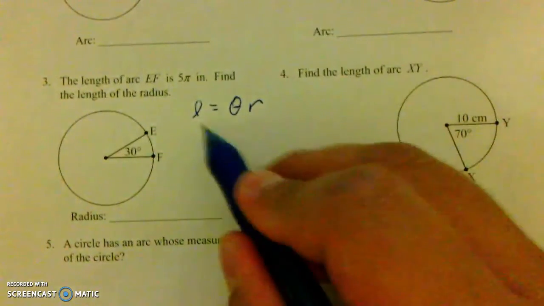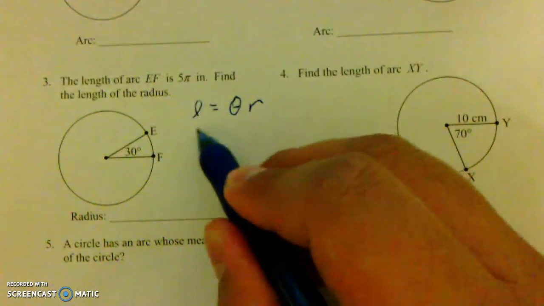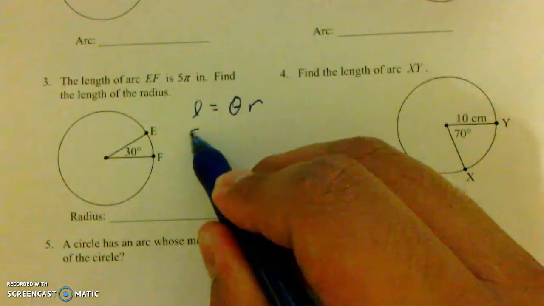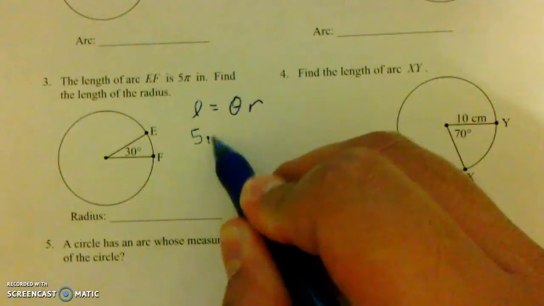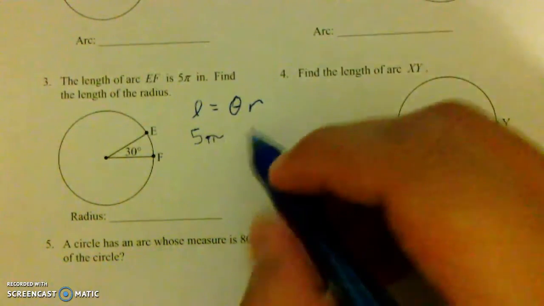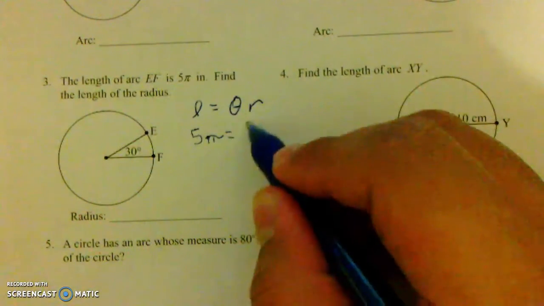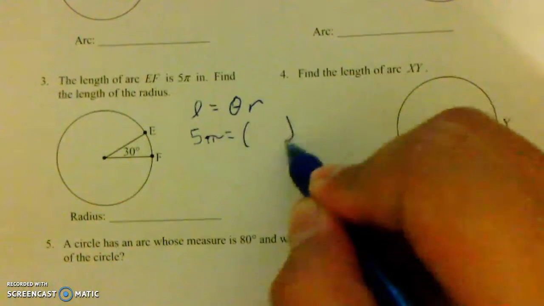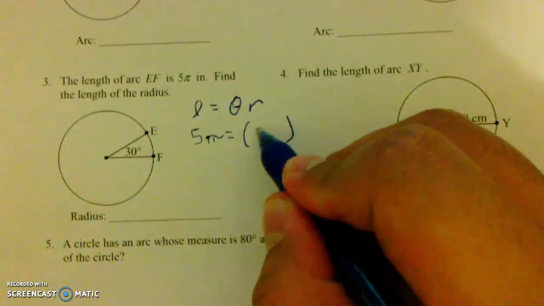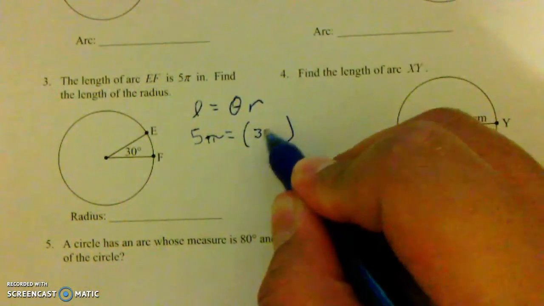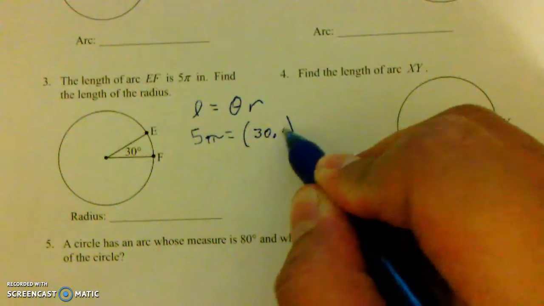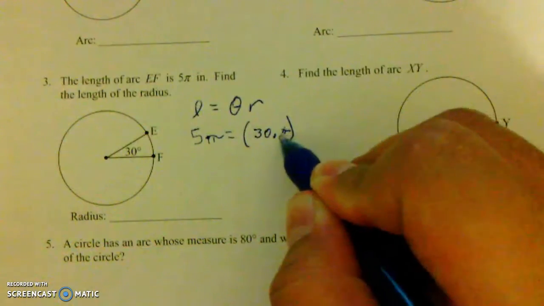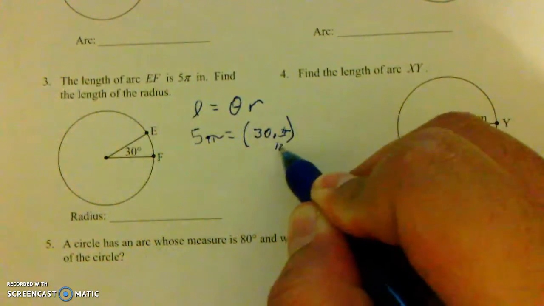And so here we have our arc length, which we know is 5 pi. And then we're going to go ahead and substitute in that theta, but remember it's going to be 30 times pi over 180.